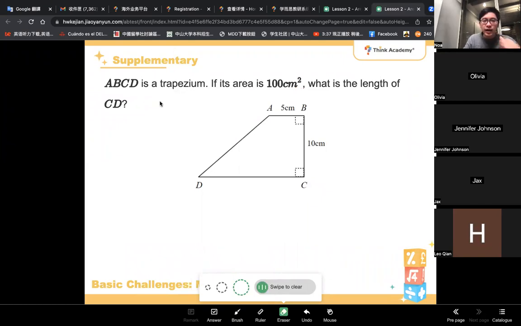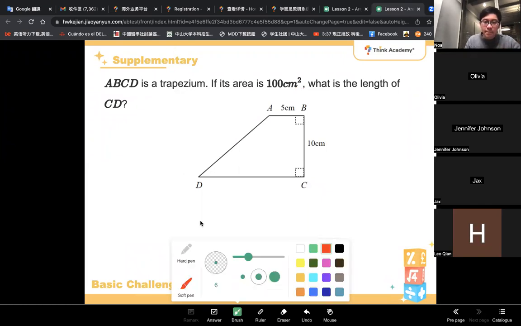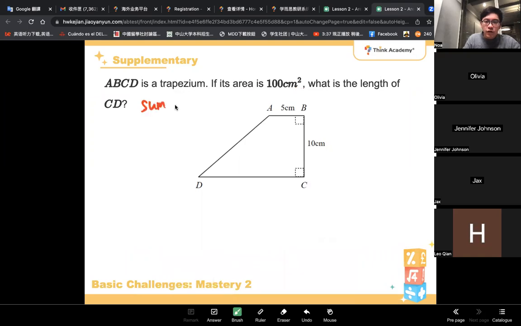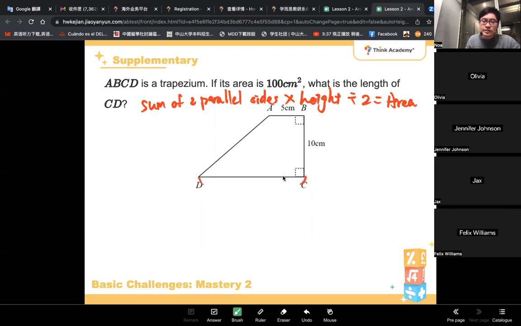So area formula, I'll write here. Sum of two parallel sides times height divided by 2 is the area. So sum of two parallel sides. We don't know CD yet, but we know it's parallel to AB.